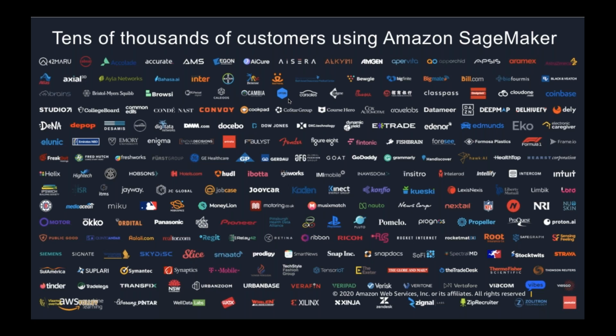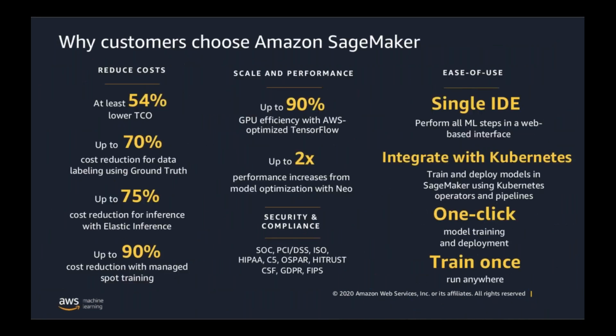And in terms of why customers use SageMaker, next slide. The reason ultimately comes back down to lower total cost of ownership. Total cost of ownership is the idea of the expenses that you pay for your infrastructure combined with your resources invested in terms of developer engineering time.